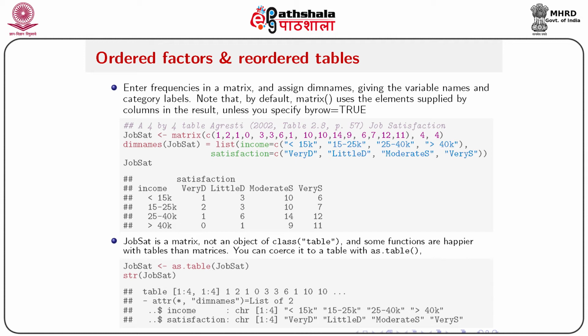You can coerce it by using the as.table function. Just pass the matrix within as.table, it will be converted into a table object, and then the functions that accept table objects can be easily used.